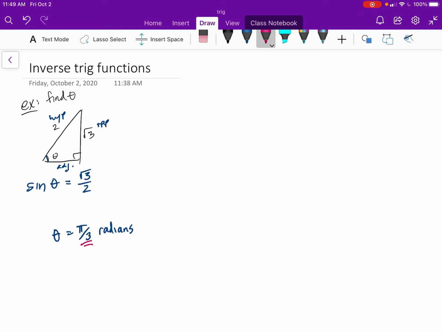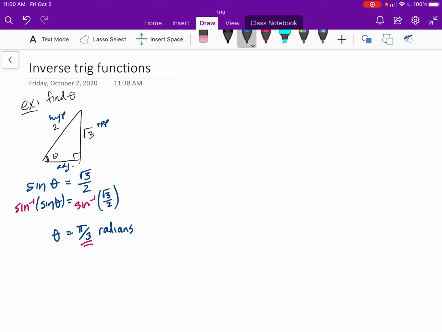So that's okay. Sometimes it's just not a special angle, right? But we still need to know that value. So how this is written is that we do sine inverse on both sides.